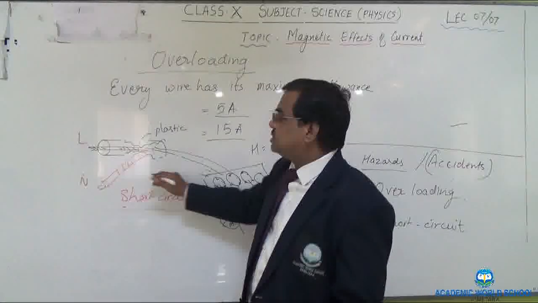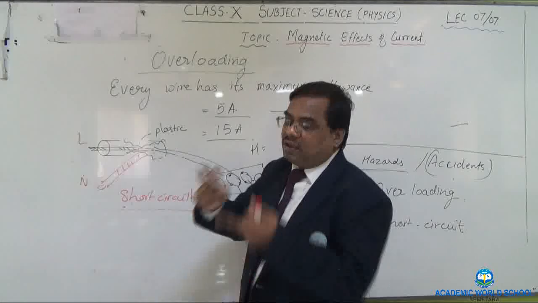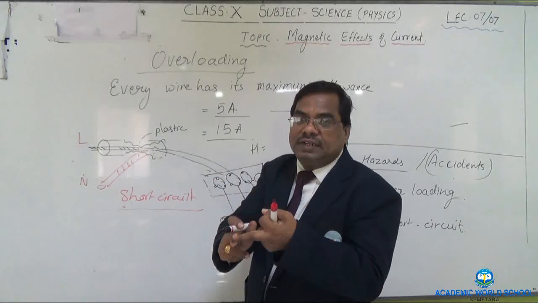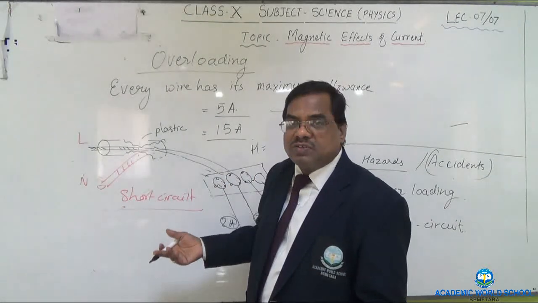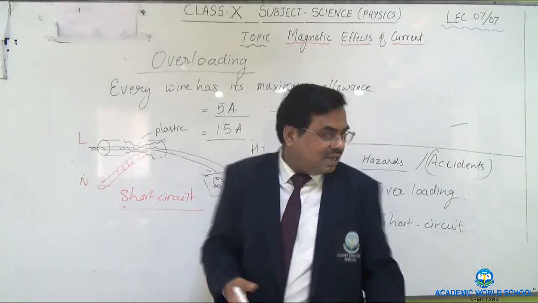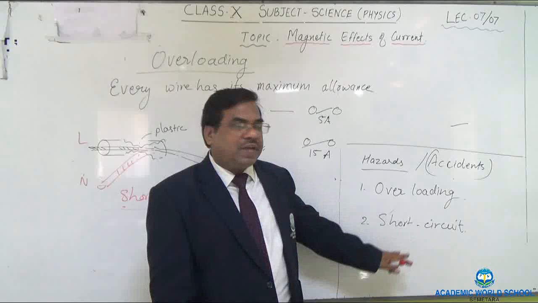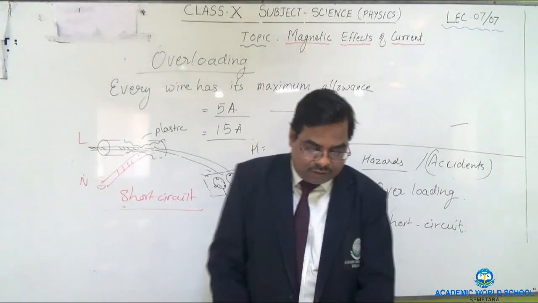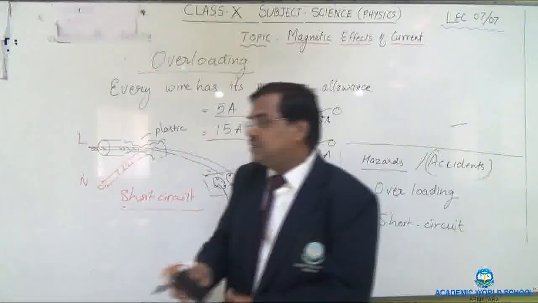In that case, the live and neutral will touch each other and there will be a short circuit. So short circuit is another mistake where the wires can melt.